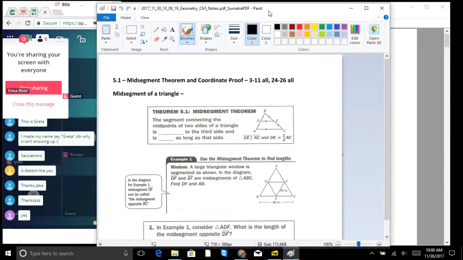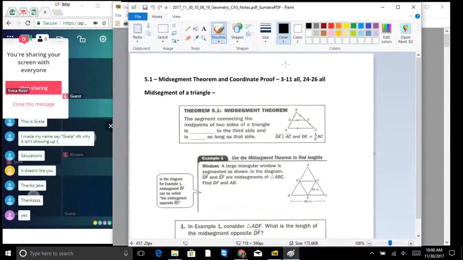Okay, so we are going to talk about something called the mid-segment of a triangle. Who remembers what a midpoint of a line is? You should be able to figure out just by the word midpoint.